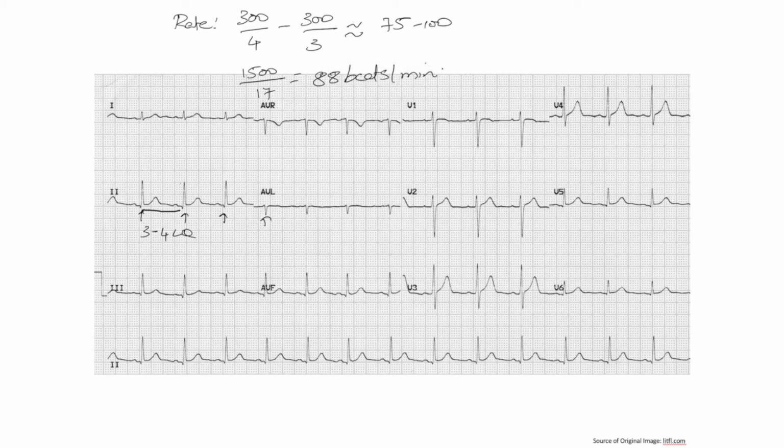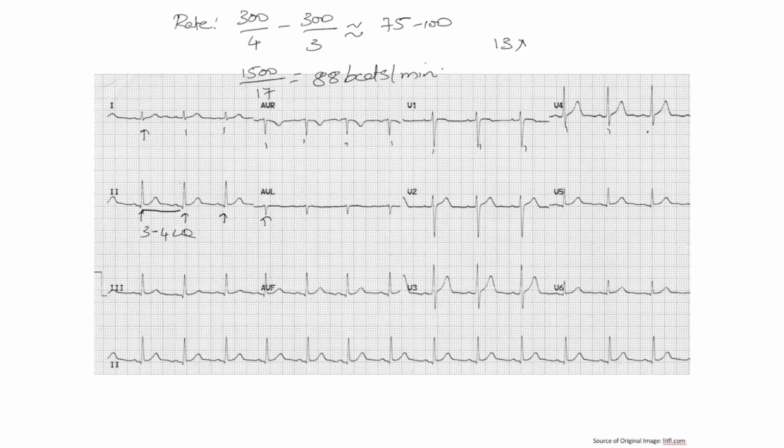Now, at times you would see that the interval changes between each wave, and so another way to estimate the heart rate would be counting the total number of complexes on a given EKG strip. So let's do that. 1, 2, 3, 4, 5, 6, 7, 8, 9, 10, 11, 12, 13. So you have 13 beats, and we said that each strip is typically 25 centimeters long or about 10 seconds long.